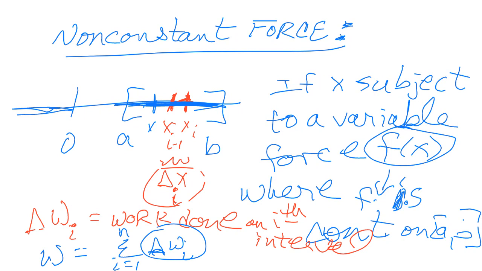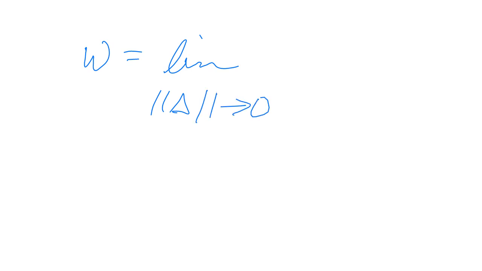Now, if we want to be exact or precise, what are we going to do? We're going to let those intervals get smaller and smaller and smaller, correct? So we come up with a very nice thing: the work done is going to be the limit as the norm of the partition goes to 0. Or basically, if we were having them all be the same size, we could say the limit as n goes to infinity, adding up n exact ones, but I'm not going to do that here.